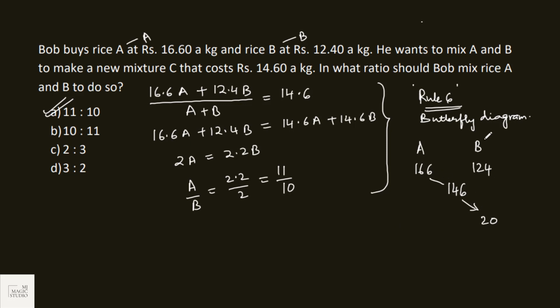Difference is written crosswise. That's why it is also known as cross diagram. 146 minus 124 is 22. Now, this is the answer. 11 is to 10. Butterfly diagrams are always hit in these kind of mixtures questions, which will always save our time. Please go through rule 6 in detail.